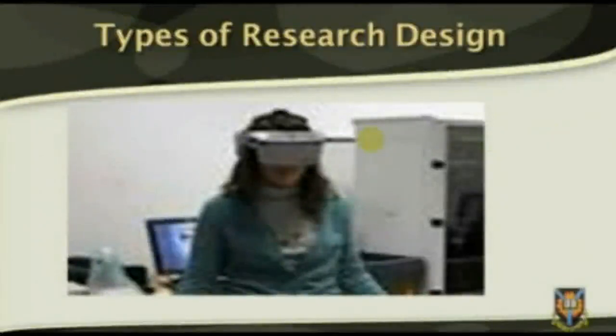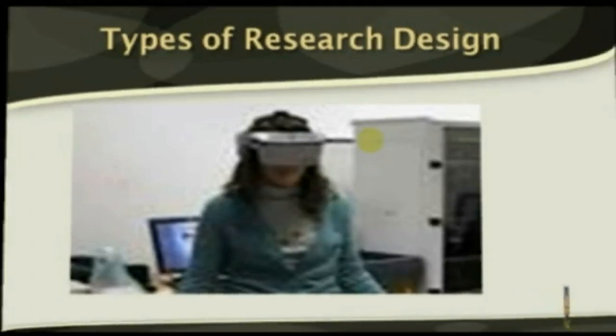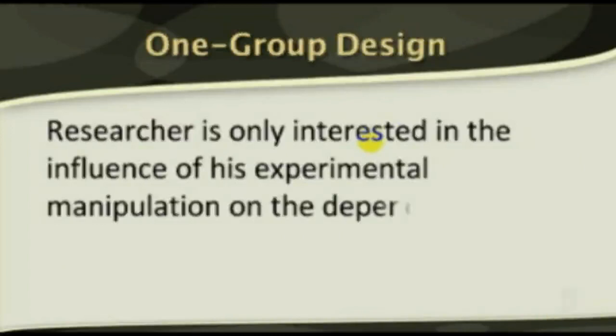Types of research design. Although there are a number of experimental designs, we shall be concentrating on few types of research designs. One-group design. In one-group design, the researcher is only interested in the influence of his experimental manipulation on the dependent variable.